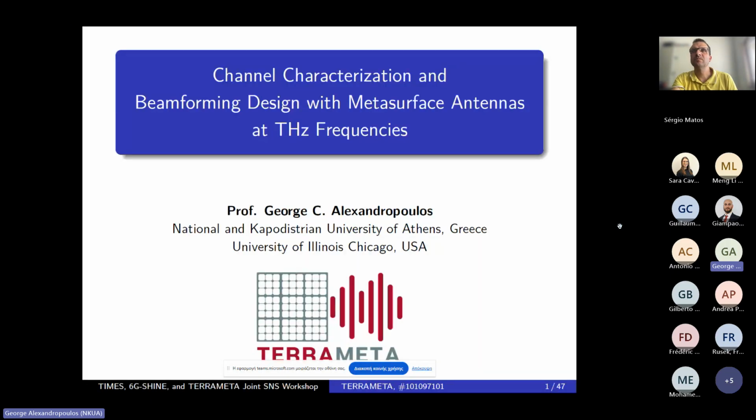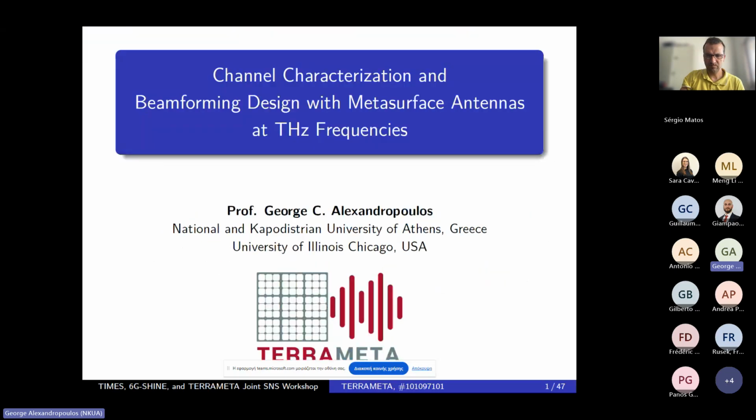So let me use full screen and go direct to the actual focus of my part, which is on channel characterization and beamforming design with RISs in general. I will spend some time going through discussions around this technology, the different types of RISs that are available out there.